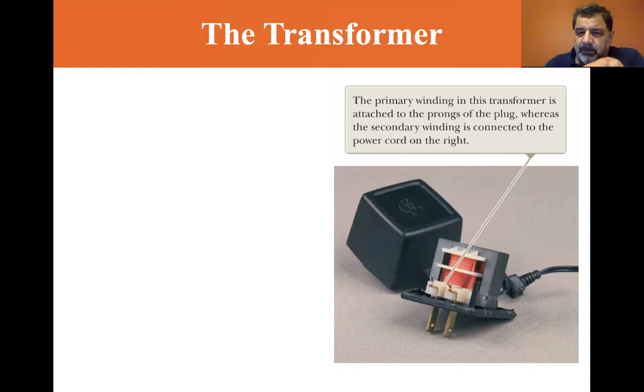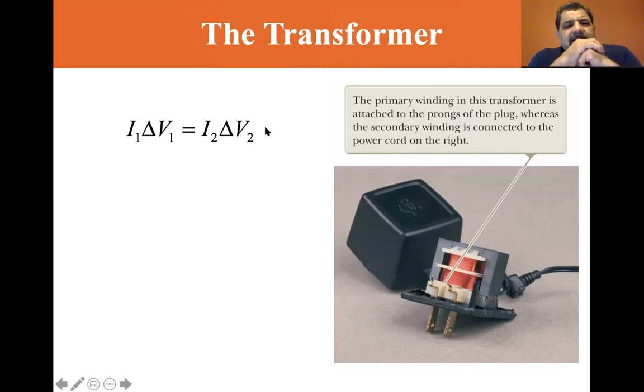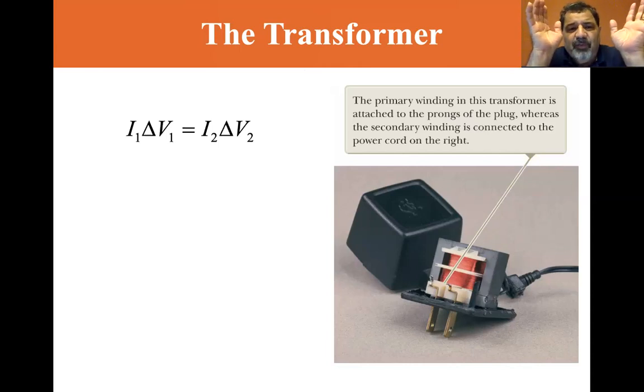So I1 delta V1 equals I2 delta V2. It's not a free trade-off. In other words, with the lower voltage you get increased current, but I1 delta V1 is power 1, and that equals I2 delta V2, which is power 2.